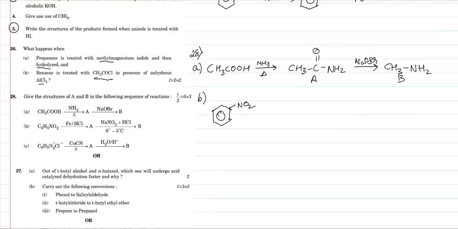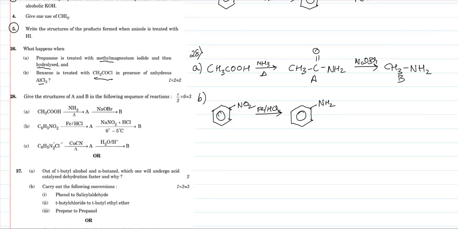So this undergoes a chemical reaction with Fe and HCl. So what happens when this particular reaction takes place? This reaction is in the reduction of nitro compounds, specifically the preparation of amines. So when the nitrobenzene reacts with Fe in the presence of HCl, it leads to the formation of NH2, which is aniline.